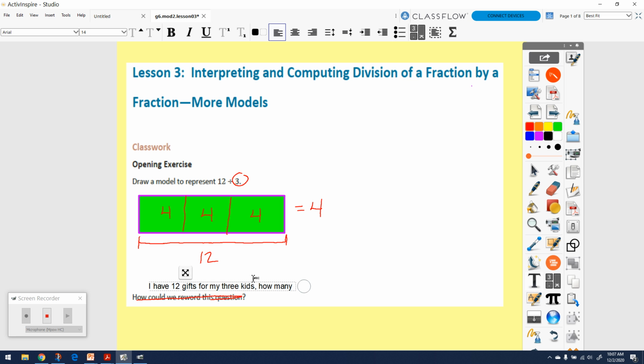How many gifts will each child get if I divide the gifts equally? Now, of course, you can change that to any story problem you would like as long as you use the same numbers, 12 and 3. All right, let's go to the next one.